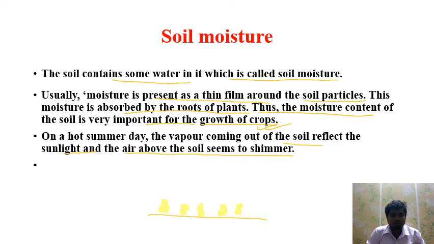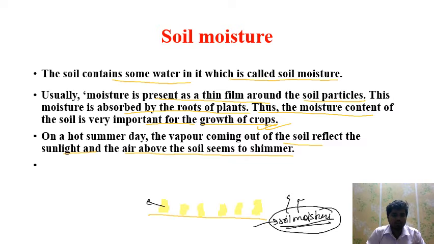So this vapor is nothing but the soil moisture that was present in the soil. In the summer season this soil moisture evaporates and we see the shimmer-like thing, a small wavy watery vapor.